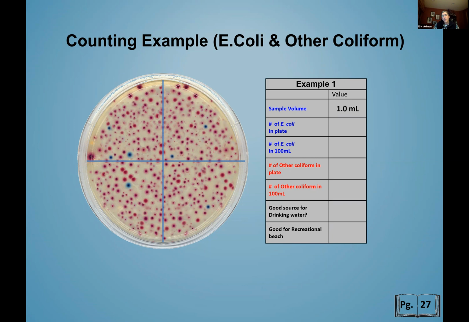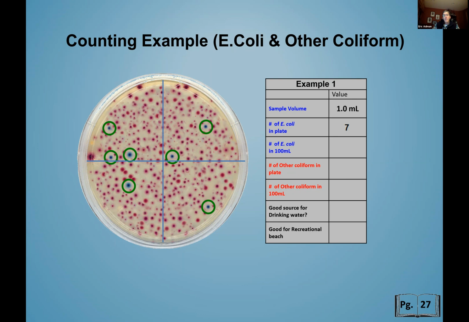It helps in particular with other coliform, but if your E. coli numbers are high, you can do that as well. So in this case, we have a sample volume of 1 milliliter, and it looks like we have 7 E. coli colonies in the plate.